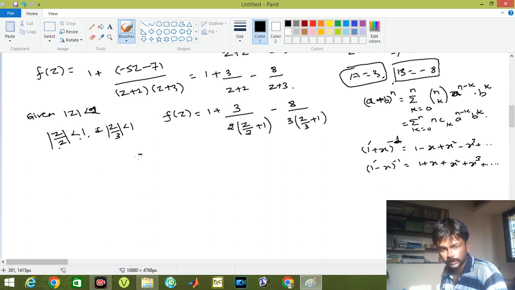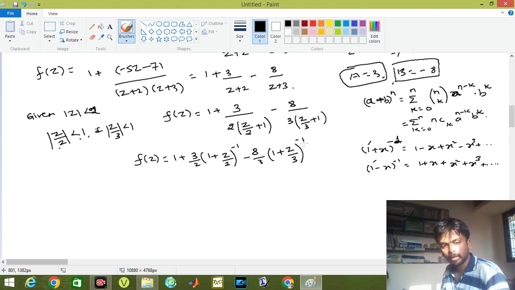Now this f of z can be written as 1 plus 3 by 2 into (1 + z/2) whole power minus 1, minus 8 by 3 into (1 + z/3) whole power minus 1.